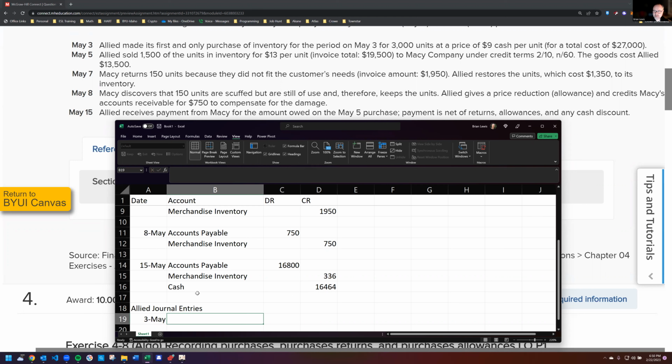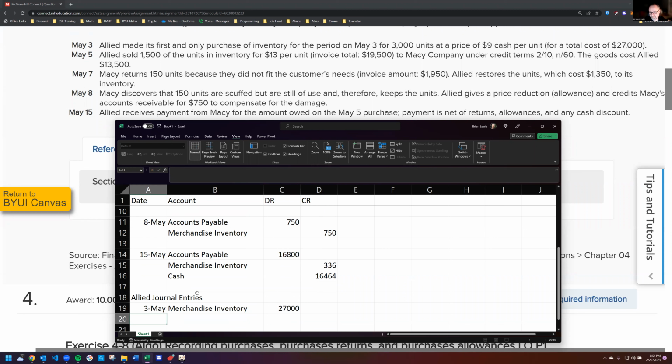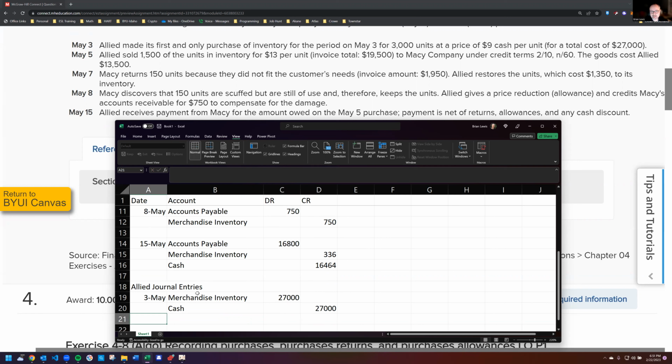Based on that, they're going to buy merchandise inventory. So $27,000. That's going to come out of cash, $27,000. Okay, that one should be pretty straightforward and easy.